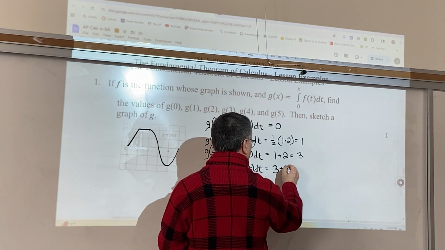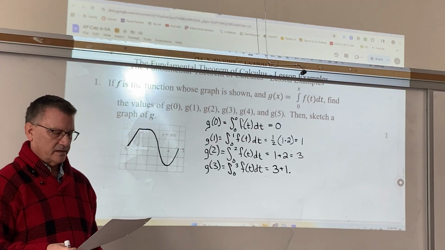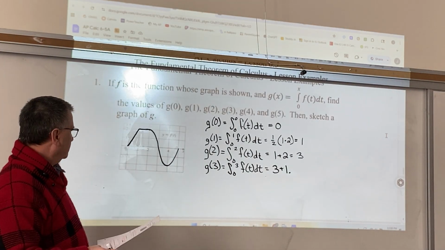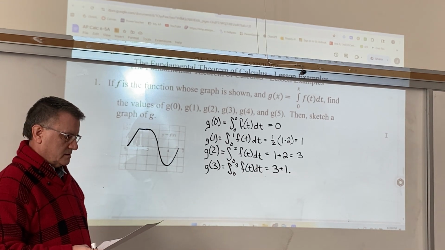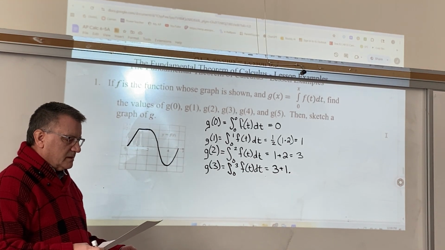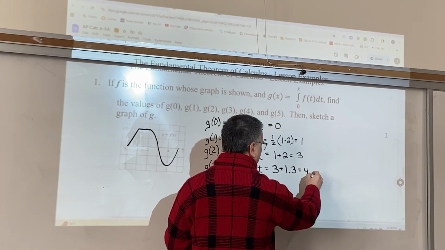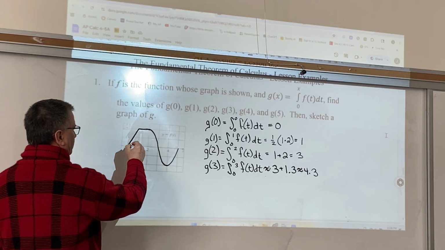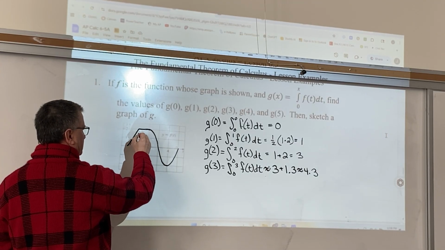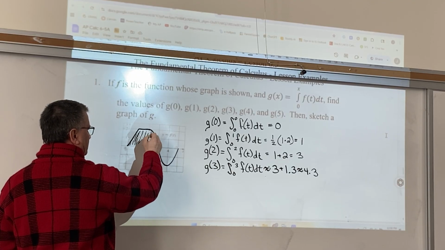So 3 plus 1 point, I said 1.3. I don't know. You can look at yours and see. Looks like I had that little piece and then maybe a little bit less than half left, so I'm going to say about that. So that's going to add up. So far we've got this and this, and now we just added this.